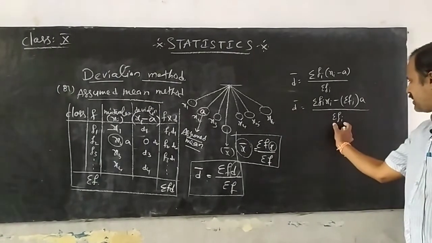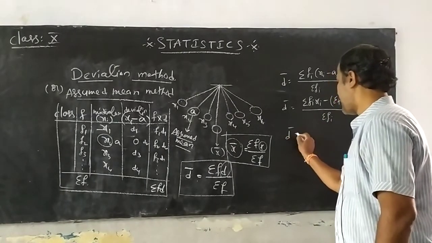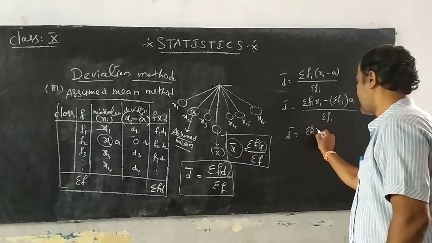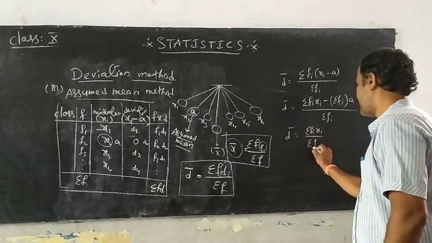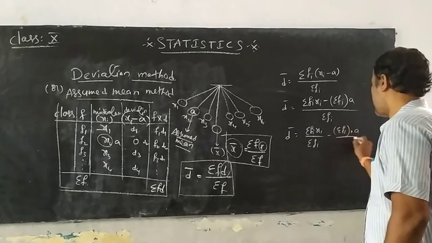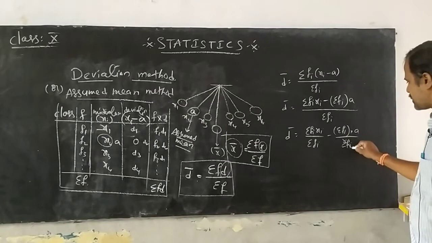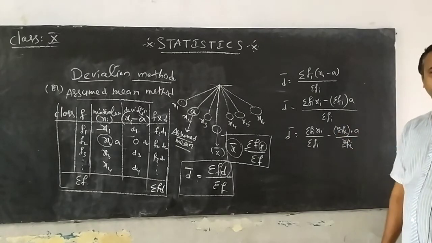Now I want to divide sigma f for both of them. So d bar is equal to sigma fi xi by sigma fi minus sigma fi into a by sigma fi. You can observe cancelling sigma fi and sigma fi.